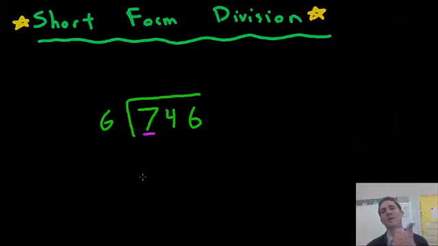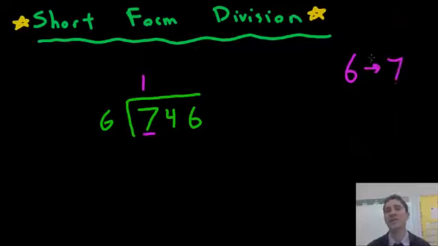If I count by 6, it's 6, 12. 2 would be too many, but it definitely fits in there 1 time. It's 1 away from 7, so there's 1 left over, and I put that 1 right in front of the number next to it.